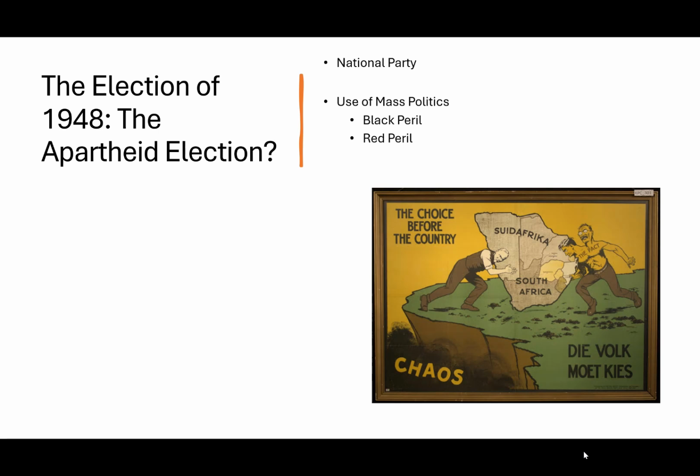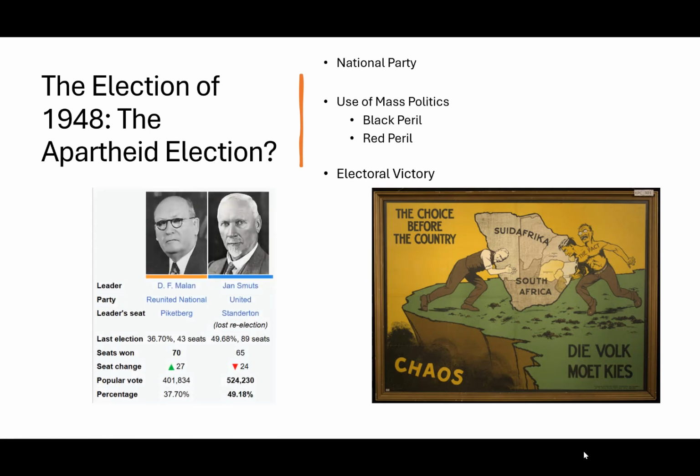When they combine this, it is really a significant moment, and it really motivated the rural Afrikaners to vote for the National Party. In the election of 1948, here we see the National Party gain 70 seats versus 65. So the United Party is going to lose its position. But I also want to call attention to the actual percentage of votes.